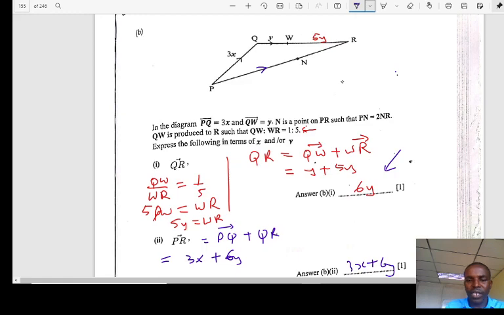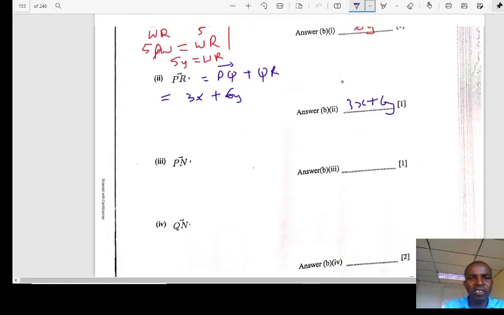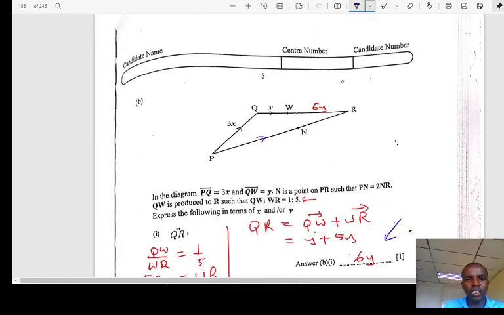Done. Then next, find PN from P to N. We have to use this one here. PN is equal to 2 times NR. So we can find the relationship between PN and NR. You can write PN divided by NR is equal to 2, which is 2 over 1.